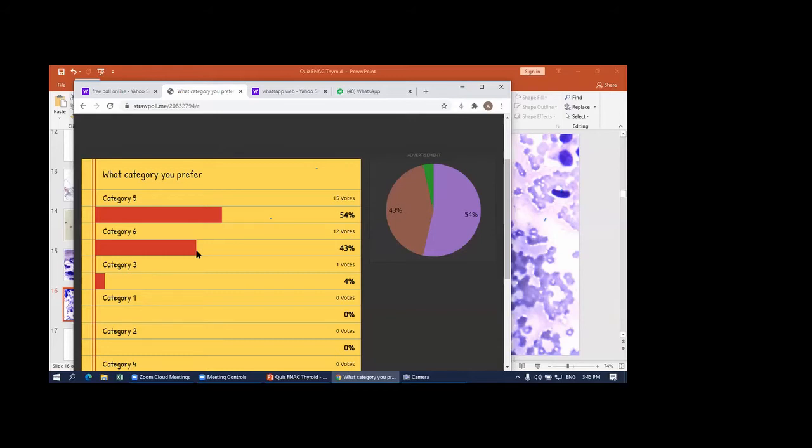MGG yes, but there's only one slide only. I don't have the follow-up histo, so I'm not sure what the real diagnosis is, but it looks a lot like a papillary carcinoma lah. All right, so we go to the next case.